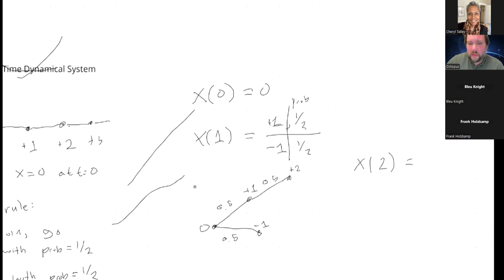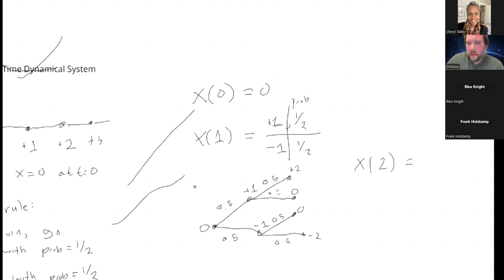But there's also a 0.5 chance if I was at 1 that I move backwards to 0. And similarly, if I was at negative 1, there's a 0.5 probability that I went forward 1 to end up at 0, and a 0.5 probability that I went backwards 1 to end up at negative 2.